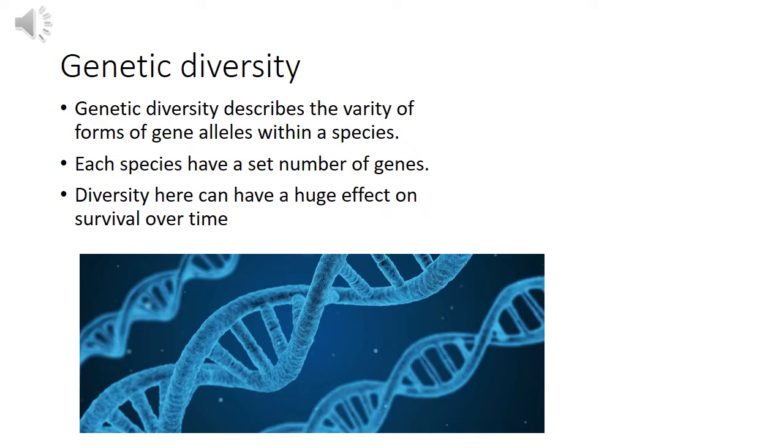On the other hand, if you have a high variance, there will often be someone who will be better at resisting disease and thereby ensuring that the species will survive for a long time. So again, like in species diversity, genetic diversity is a huge advantage. We want as much diversity as possible.